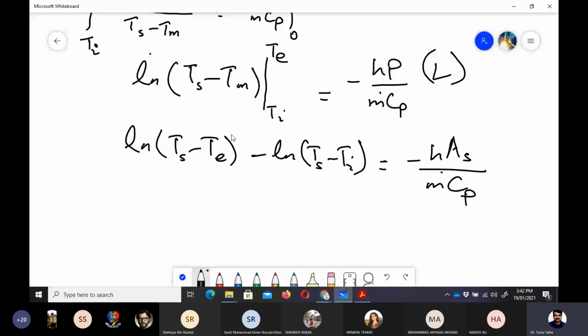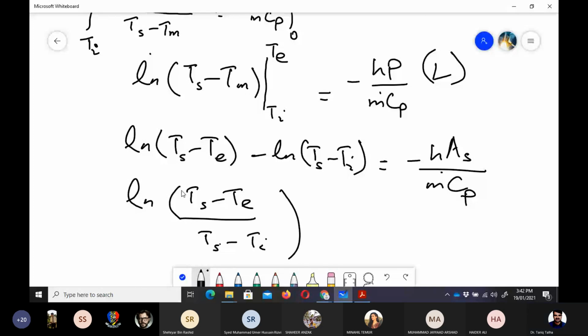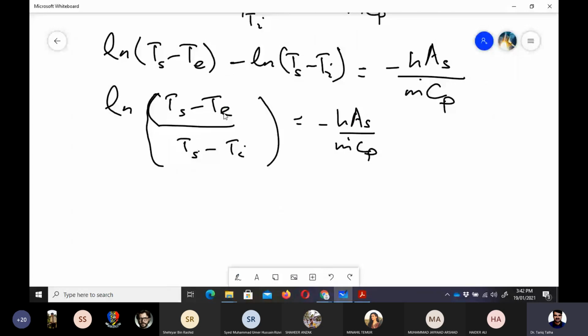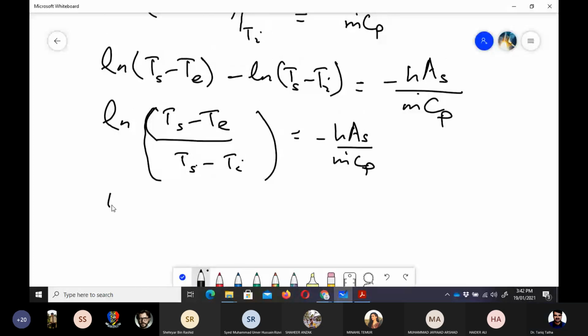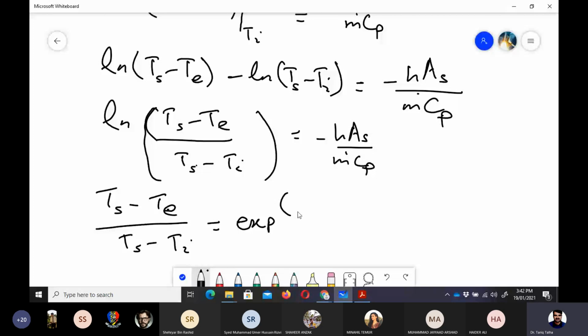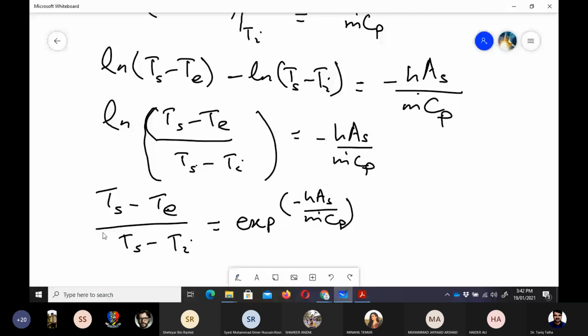So now we can write it as log of Ts minus Te divided by Ts minus Ti equals minus hAs on m dot Cp, and then from here, if we want to calculate Te, we need to take the antilog on both sides, which is the exponential function. Ts minus Te divided by Ts minus Ti would be equal to exponent minus hAs upon m dot Cp.